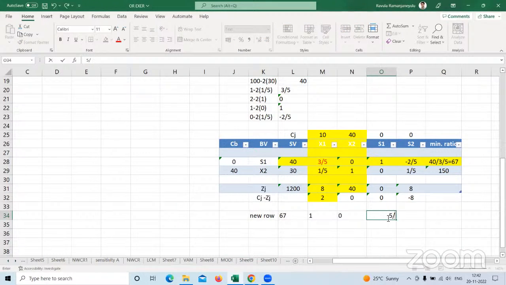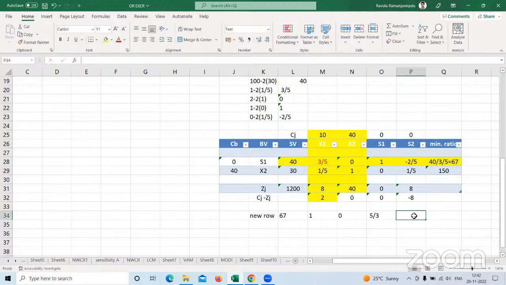And minus 2 by 5 divided by 3 by 5 will be minus 2 by 3. Very good. If your maths is good, you can do it easily. These are the new values of the key row.